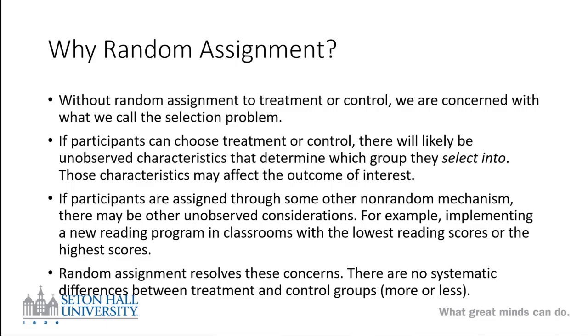So let's take, for example, a leadership training program. Let's imagine we're on a college campus and there is some sort of leadership training program for undergrads. And these types of leadership training programs, they're usually just things that people select into. A student chooses to participate in this leadership training program.